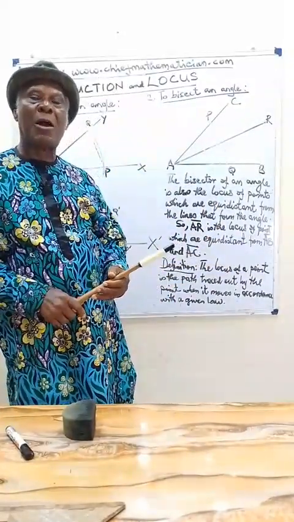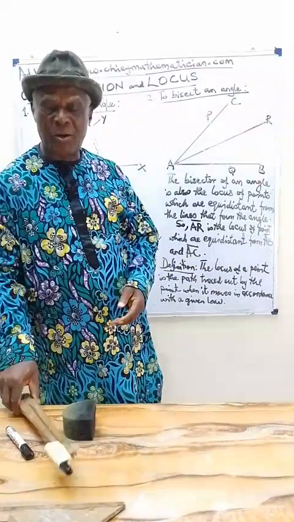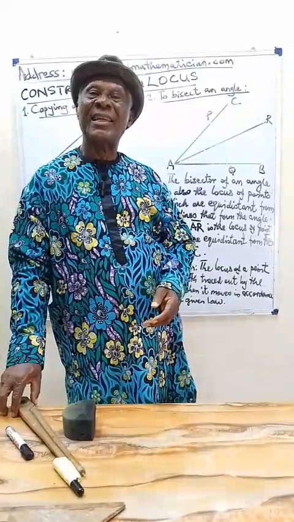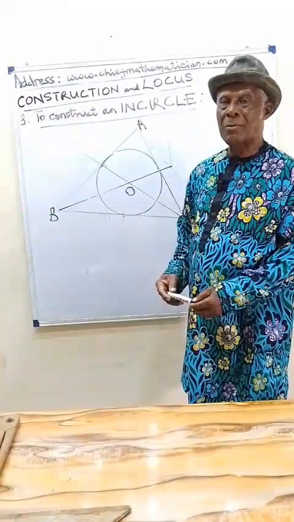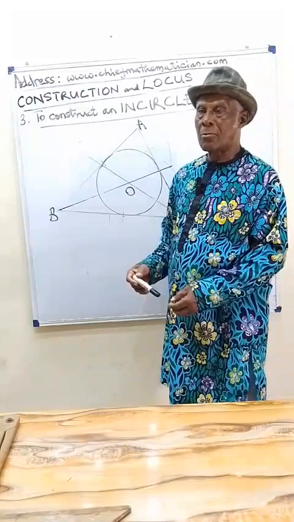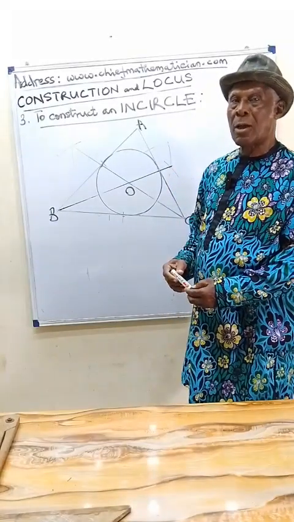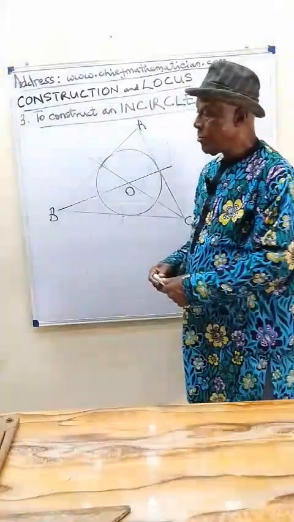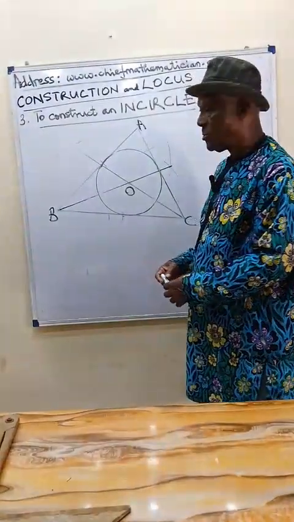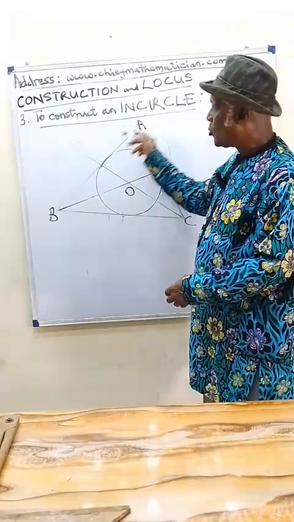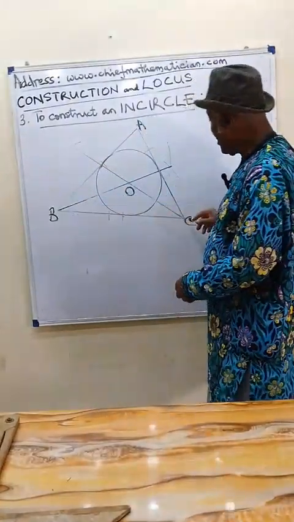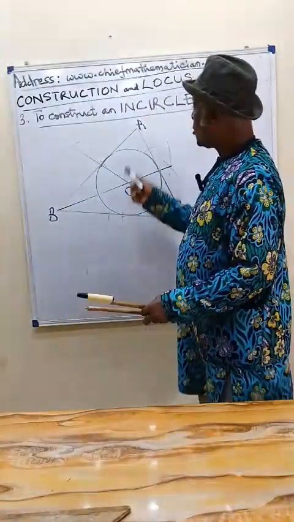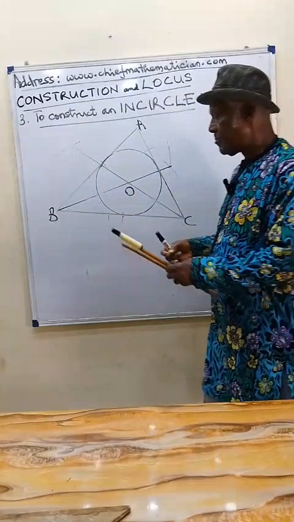Now we are going to make use of this angle bisector to construct what we call an incircle. We are constructing an incircle. Now you draw a triangle ABC.